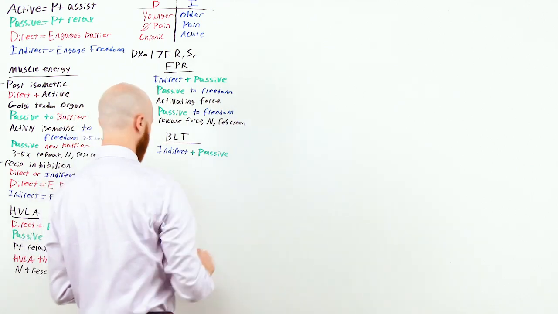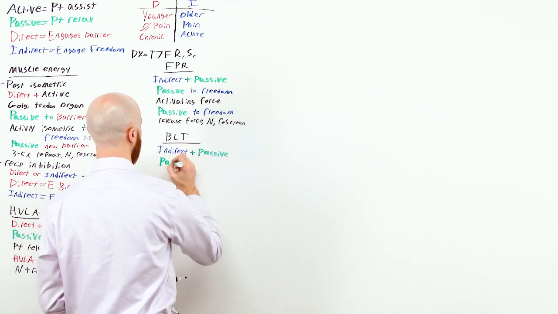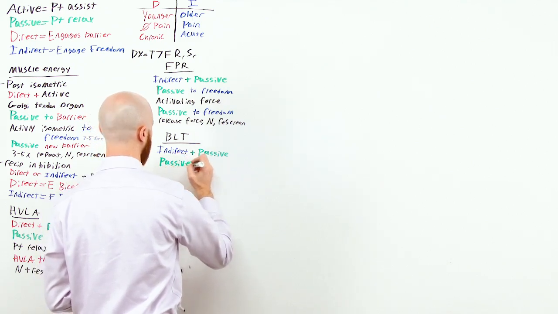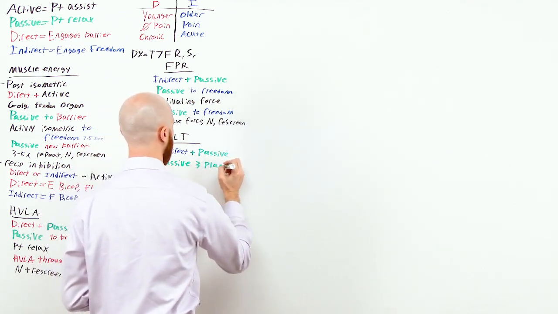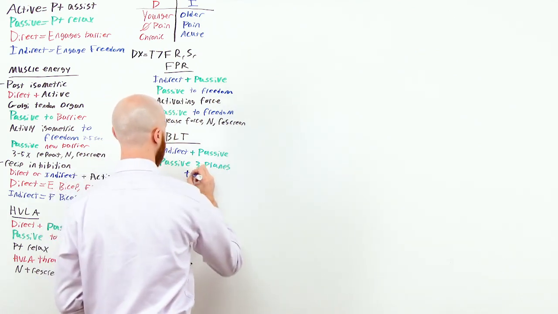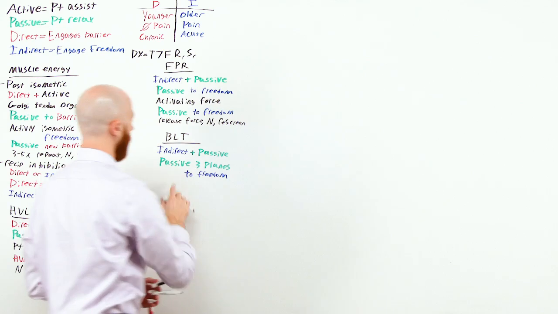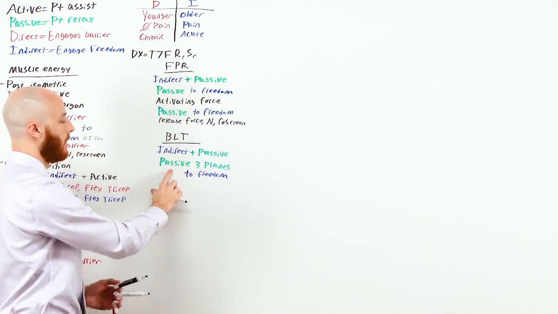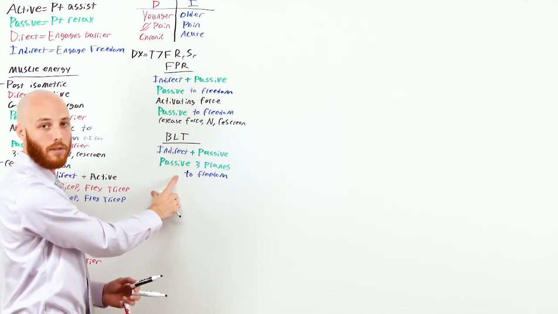So indirect, what they can do, first step is passive on 3 planes. Once they're in the freedom for the 3 planes of motion, the next thing that you do is just hold and wait for the release.